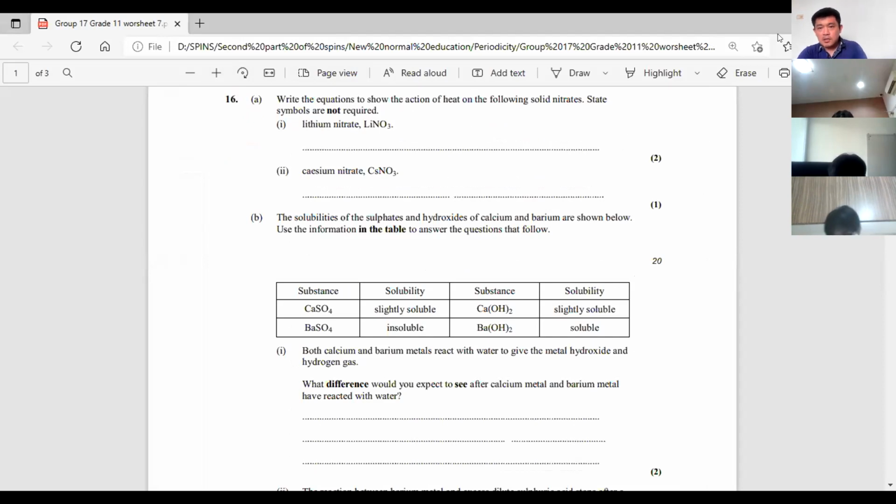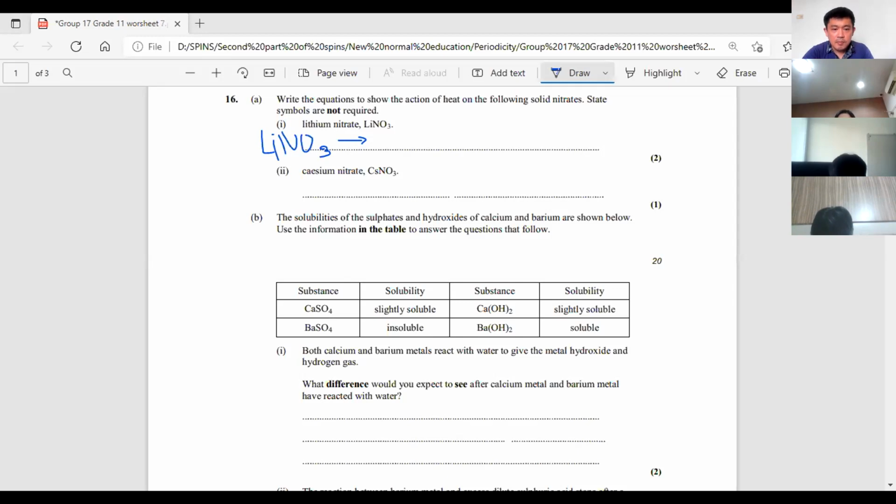So in this one, lithium nitrate. Lithium is a reactive compound, but comparing the reactivity, sodium is much more reactive than lithium.